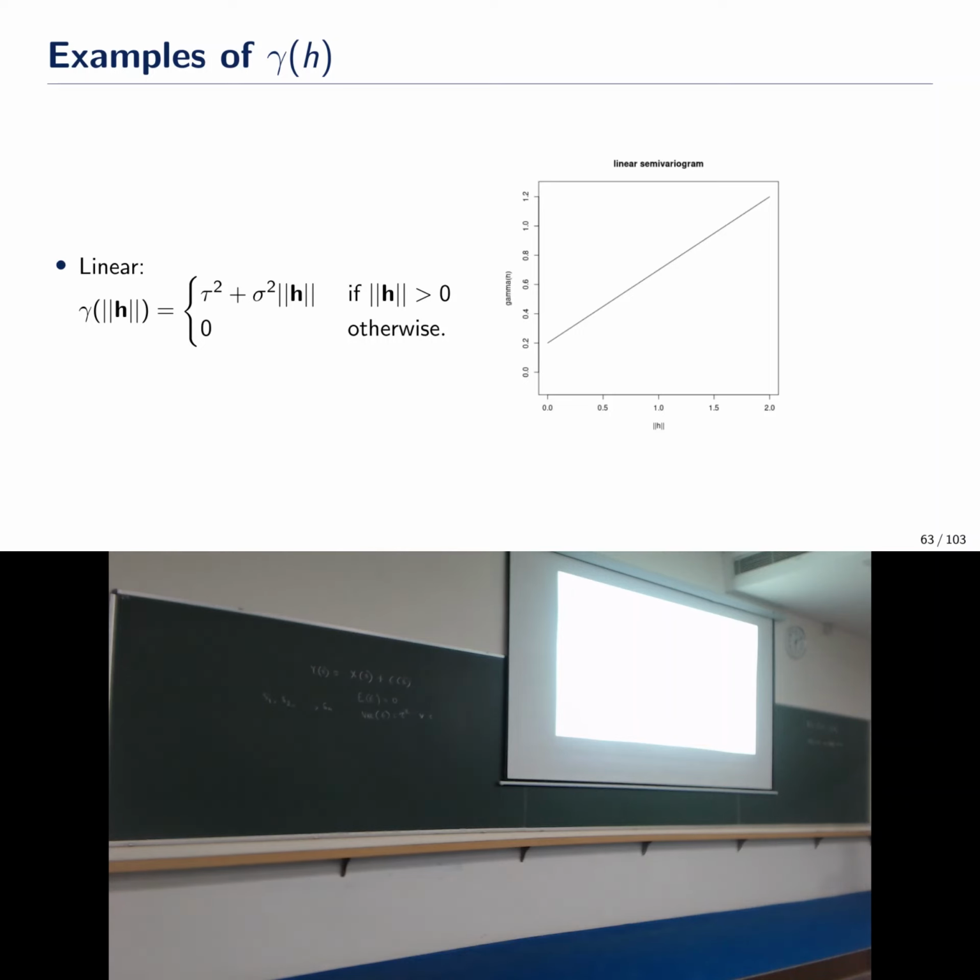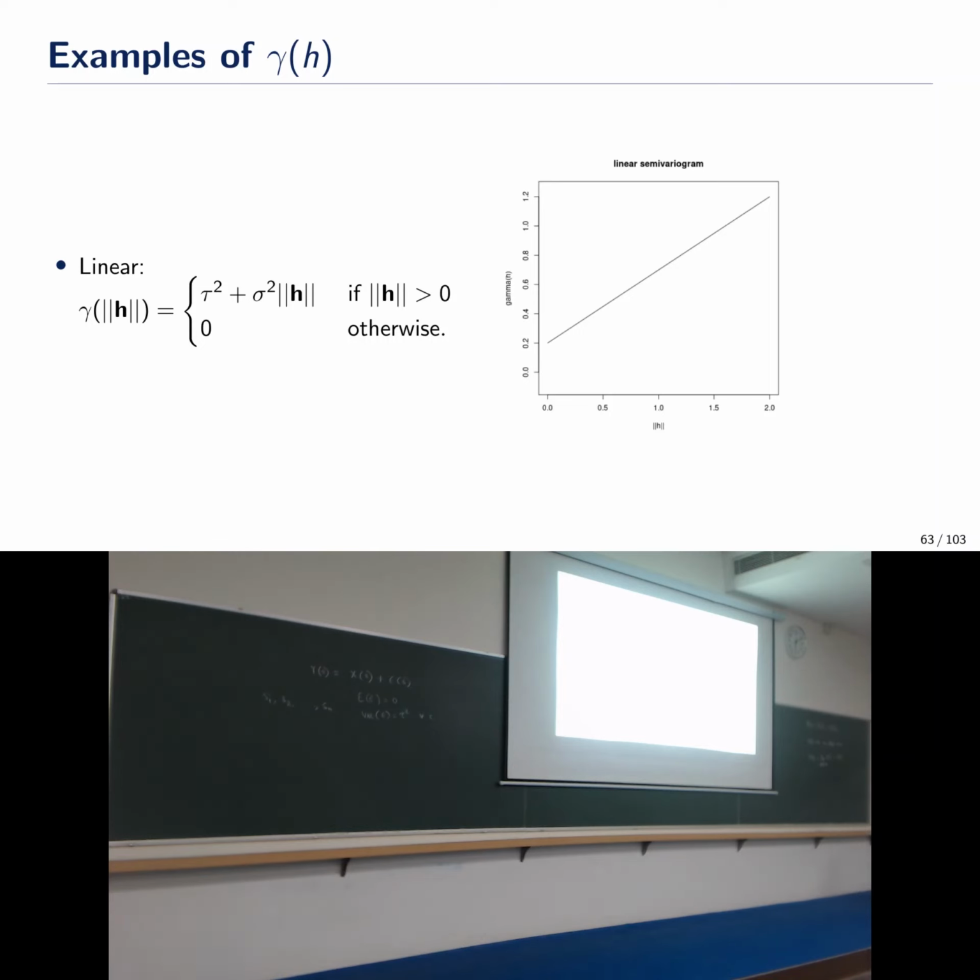If we do that, then I can get back this C of h as the limit of gamma of u, where the norm of u goes to infinity, minus this gamma of h.